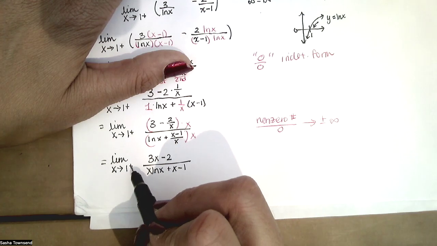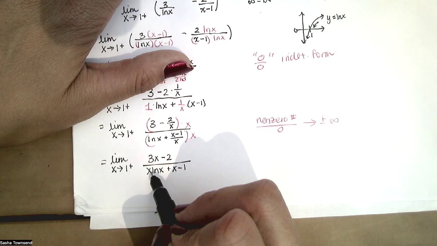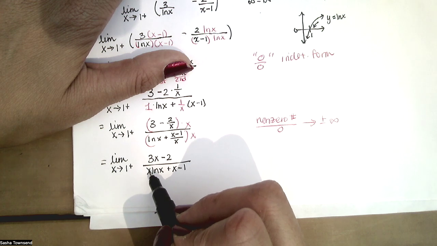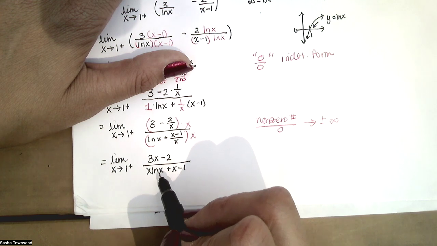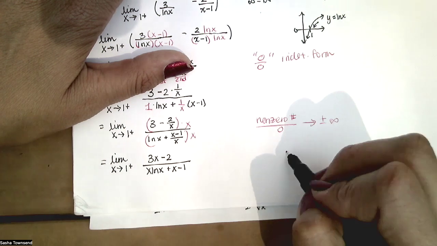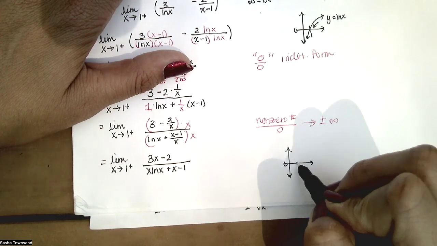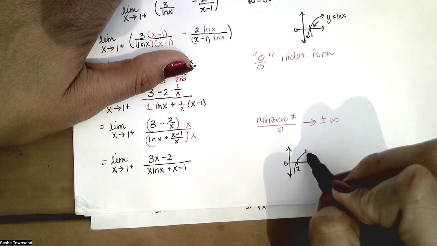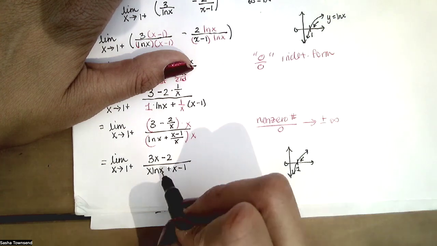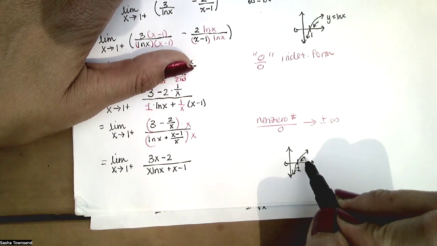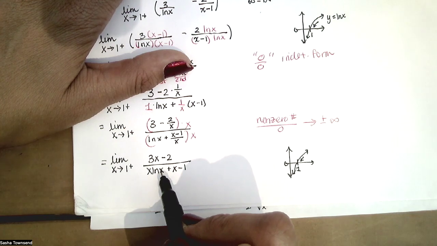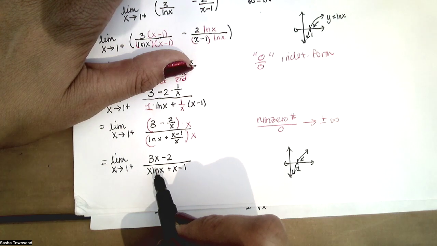Well, if x is slightly greater than 1, then this x value is just a positive number, 1.001. Now, if I'm taking the natural log of x, and I'm to the right of 1, well, that natural log is a tiny positive number. So I've got 1 times a tiny positive number. So this is a tiny positive number.